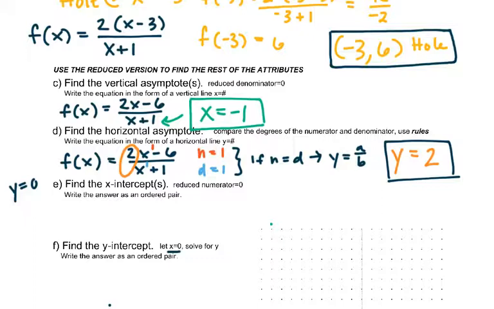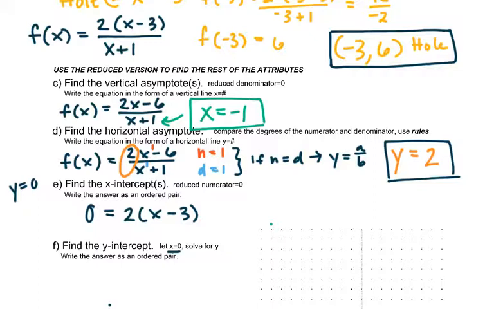So letting the function y, f of x, be 0, we would say 0 equals 2, I'm going to use the factored form of this here, 2 times (x minus 3) over (x plus 1). So solving this for x, we can treat that 0 like it's over a 1, and then we would cross multiply. 0 times anything is going to go away, and so when I do that cross multiplication, I end up with just the numerator. 0 equals 2x minus 3.